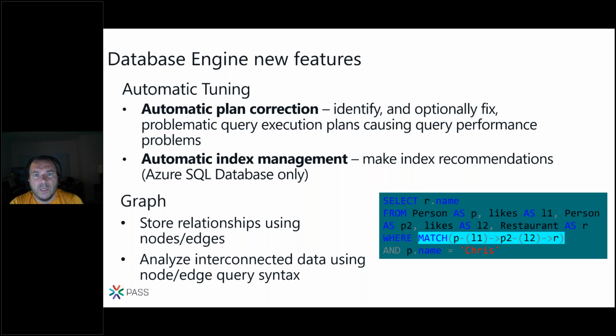Imagine, for instance, a social media application where you have people, you have likes, you have different kinds of pages, people share common interests and so on. And you want to understand how these different relationships work together. So Graph databases typically solve that problem very easily by using nodes and edges. I'm going to show a short demo of how that looks later on.